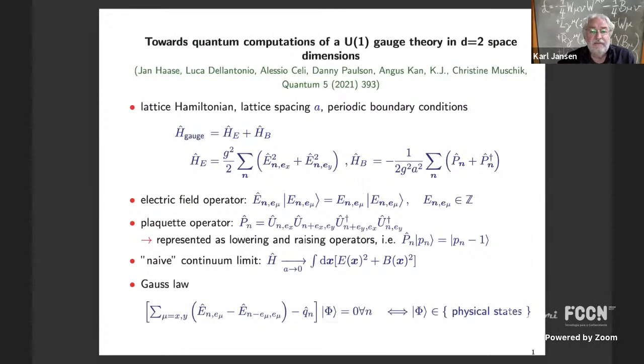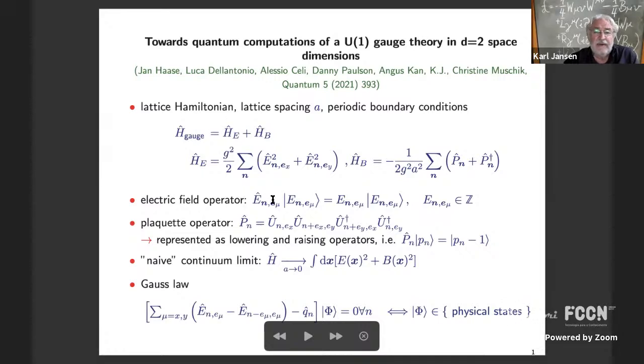But let me first come to this 2+1 dimensional U1 gauge theory. You see here the collaborators, Jan Haase, Luca Dell'Antonio, Alessio Celi, Danny Paulsen, Angus Kahn, and Christine Muschig, and it's published in Quantum. So we start with the lattice Hamiltonian. We have a lattice spacing a, and we have periodic boundary conditions. The gauge Hamiltonian consists of an electric part and a magnetic part.